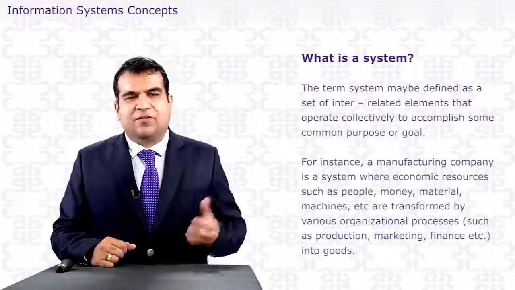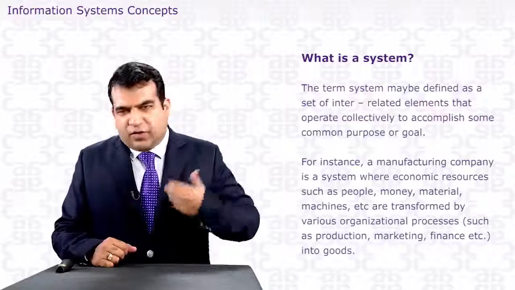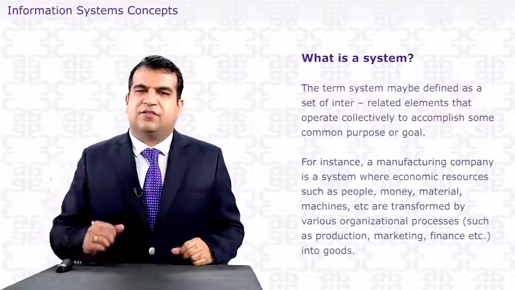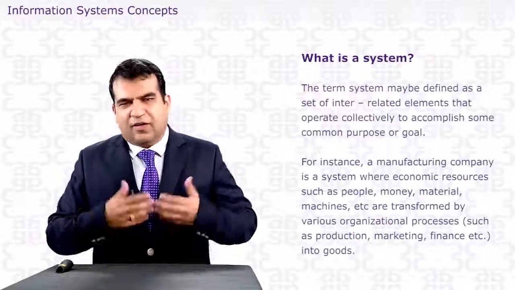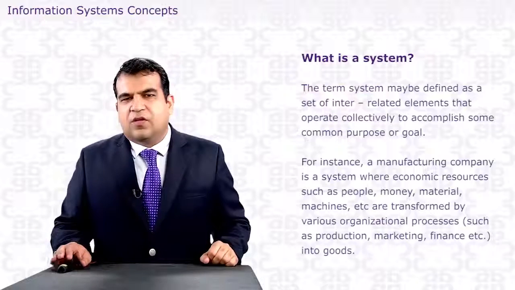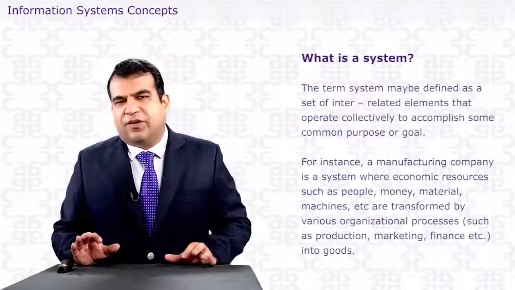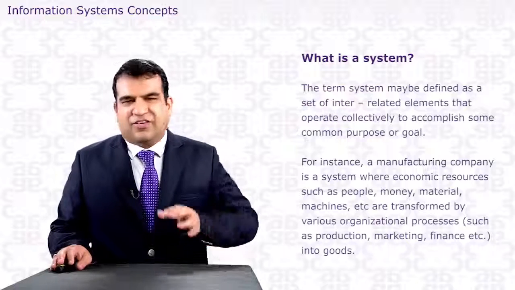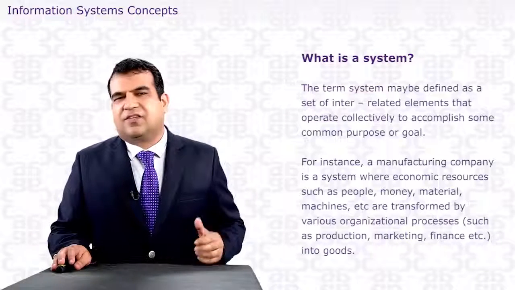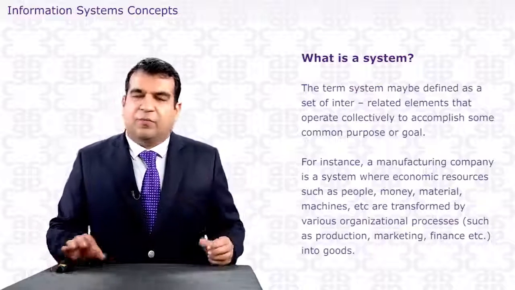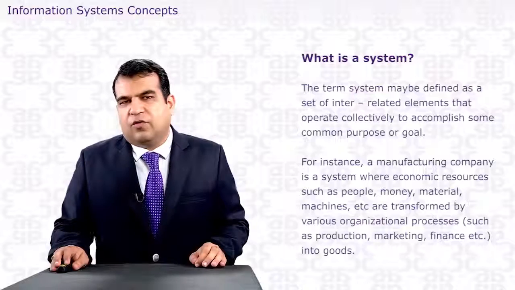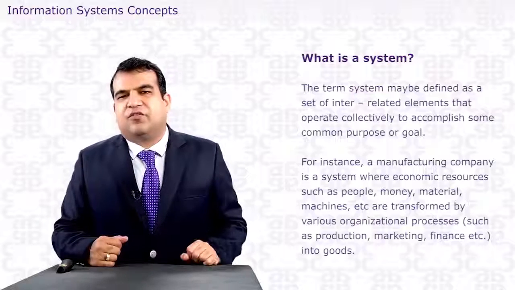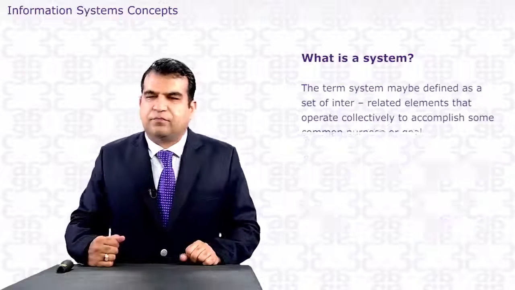There are three stages: buying raw materials, doing processing and converting this into finished goods. And obviously there are overheads involved, and other aspects also. So a manufacturing company is a very good example of a system where a set of interrelated elements such as materials, machine and men operate collectively to achieve a common purpose or goal. From this comes the definition of a system.